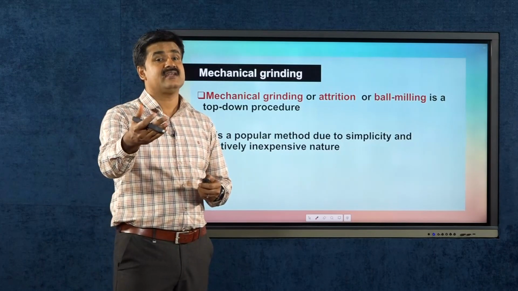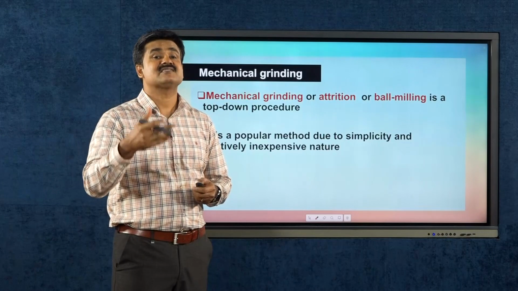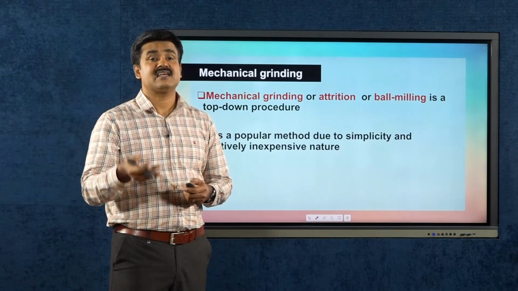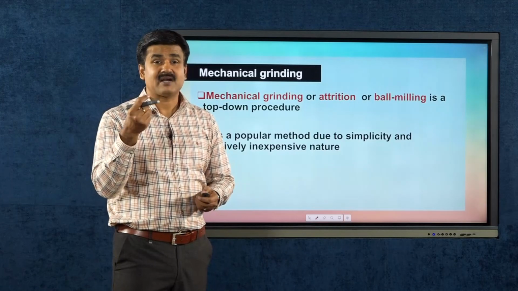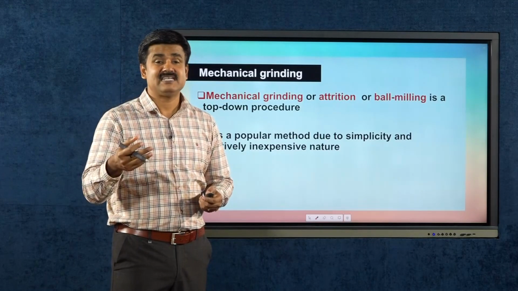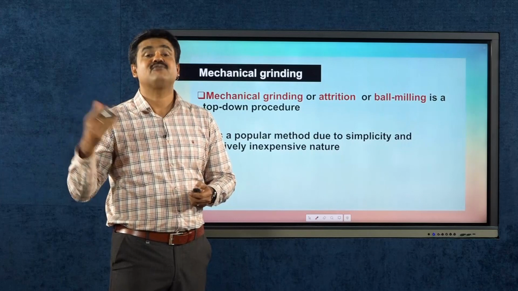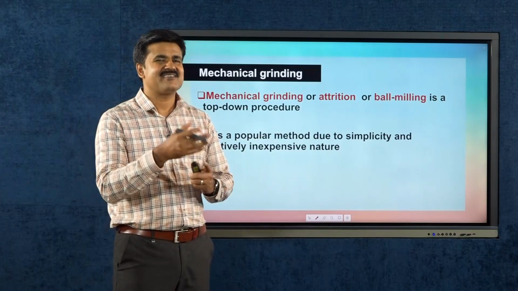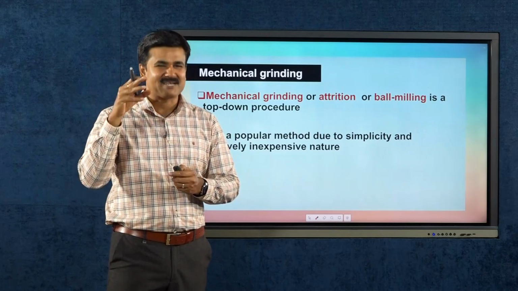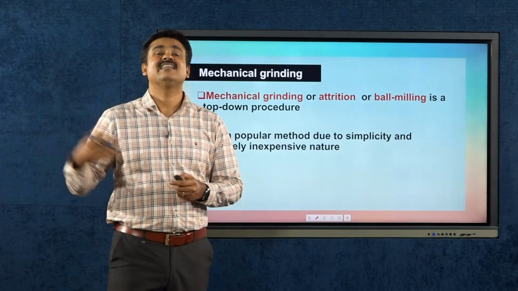I again emphasize that this mechanical grinding is similar to the powdering of our rice or chili or some other materials in a flour mill. So, here we are adopting the flour mill principle to get nanoparticles.